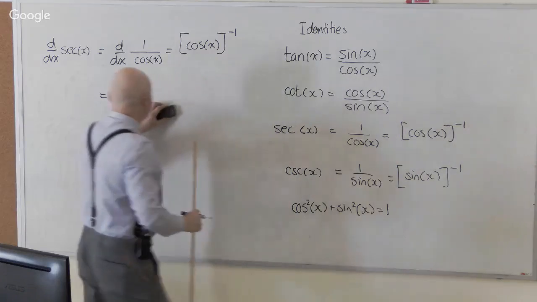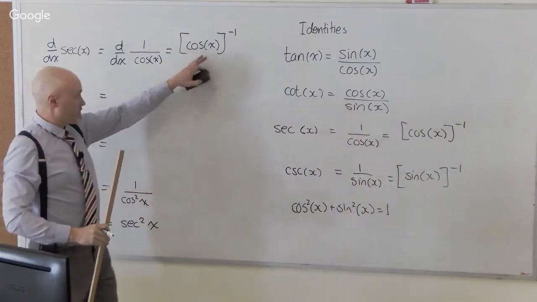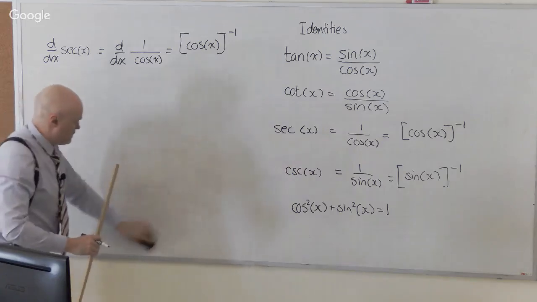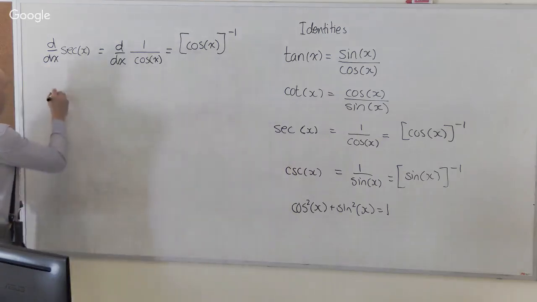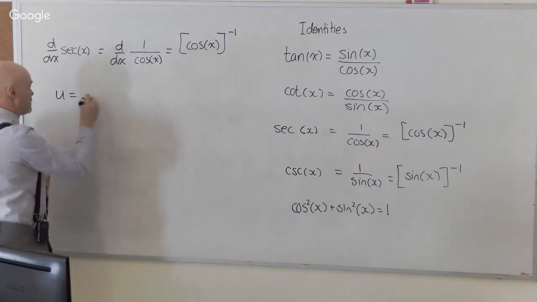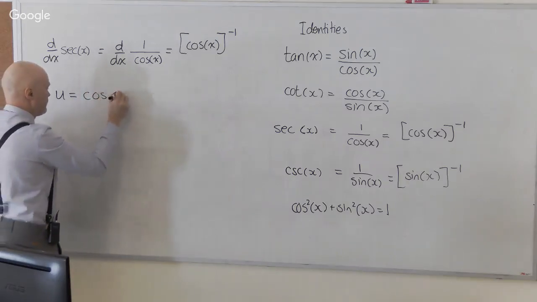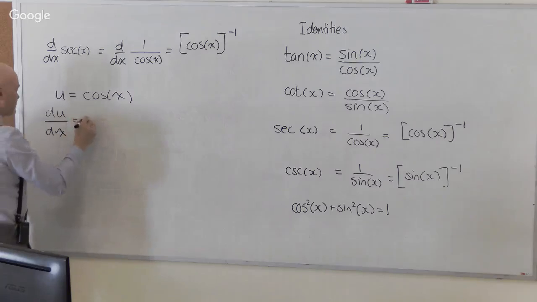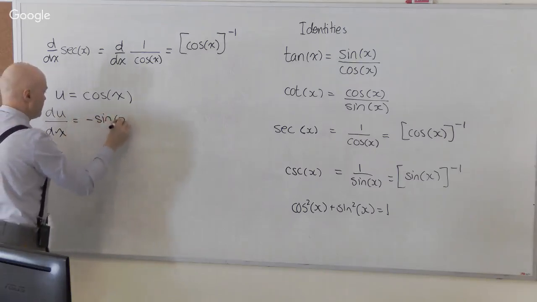Okay, so there's an outside function, something to the exponent -1, and there's an inside function that's cos x. So let's do the full treatment on this. The inside function is u equals the cosine of x. And so the derivative of u with respect to x is negative sine x.